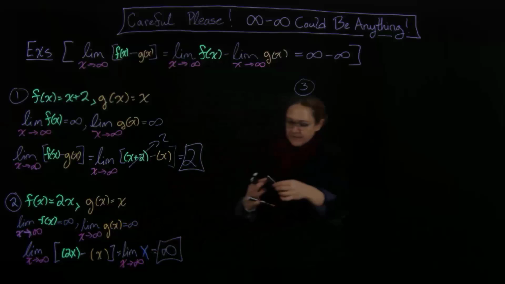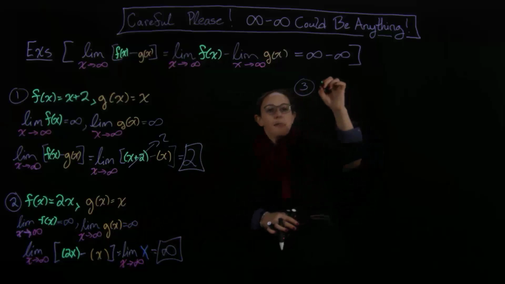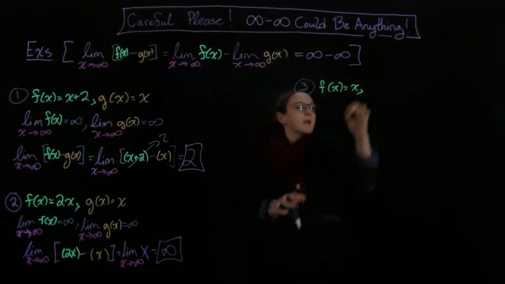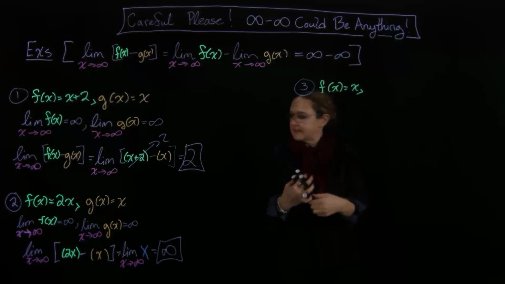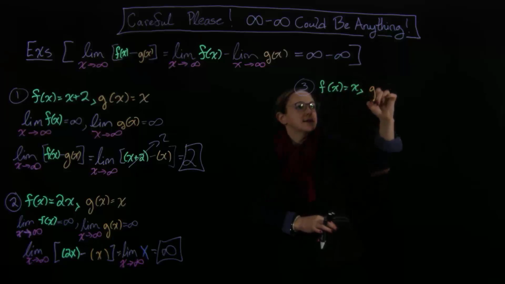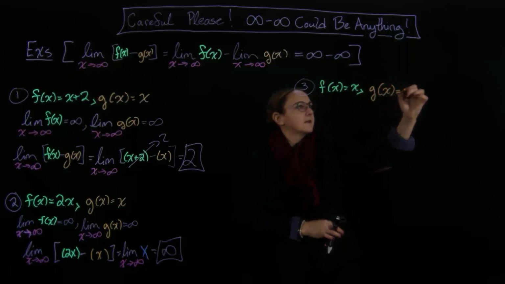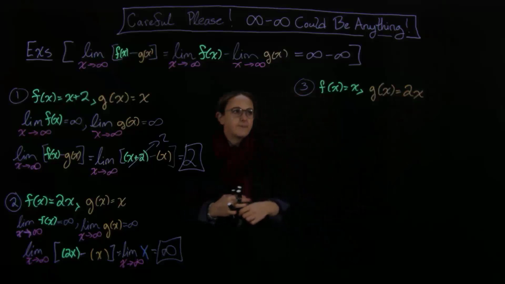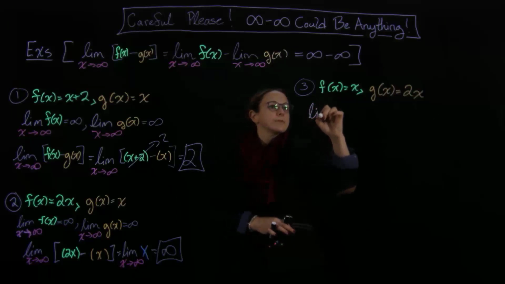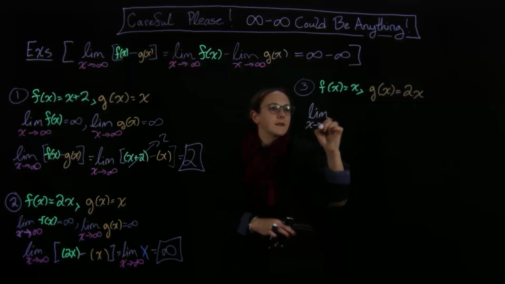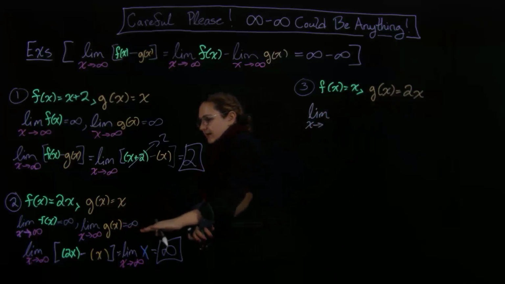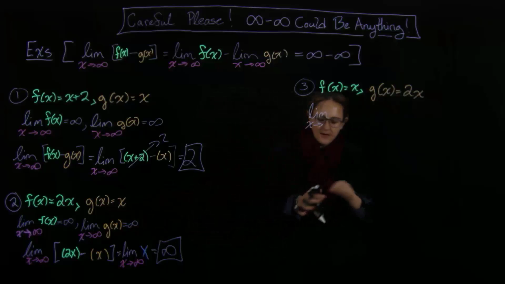And now I'm sure you could guess that just swapping the order here, I'm going to get negative infinity. So in this circumstance, I'm going to take f of x equals x, and g of x equals 2x. We already have both of those limits from before, so we know that both are infinite.